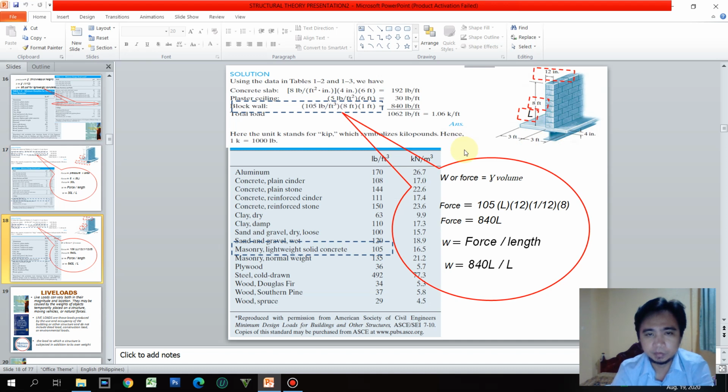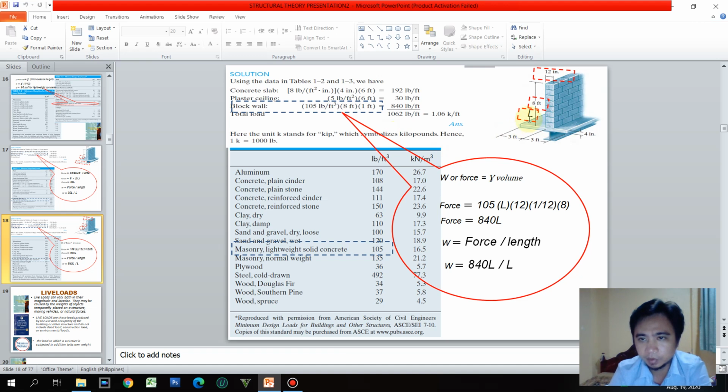Okay, so moving on to the block wall. So the block wall was searched on table 1-3 in terms of pounds per cubic foot. We have here masonry lightweight solid concrete, that is 105 pounds per cubic feet.